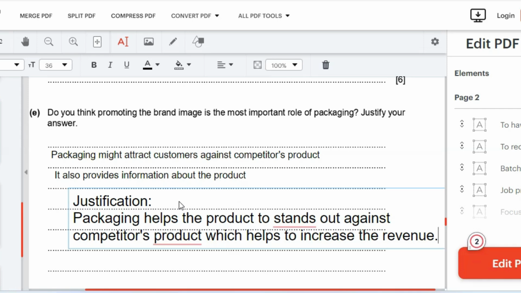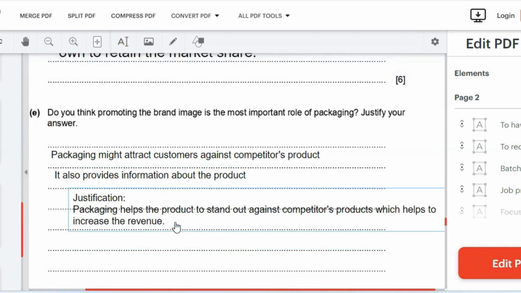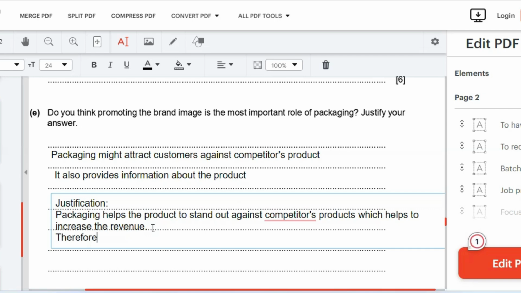Here we are told to justify whether the brand image is the most important role. Does it perform an important role in packaging? Let's try to reduce this to continue our explanation. Therefore, brand image is not the most important.